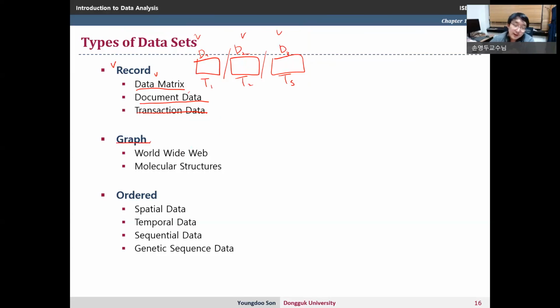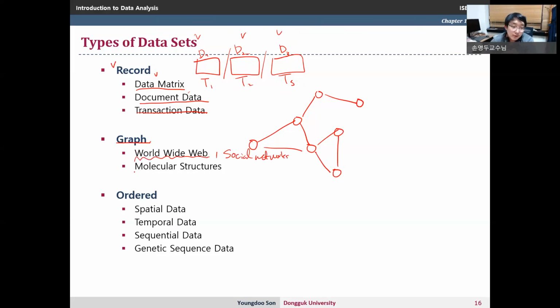The graph data consists of nodes and edges. For example, here are many nodes, and some nodes are connected to other nodes with edges. These types of data are called graph data. The typical examples of graph data are the World Wide Web, or in this case, social networks. Your Facebook friendship can be considered graph data.